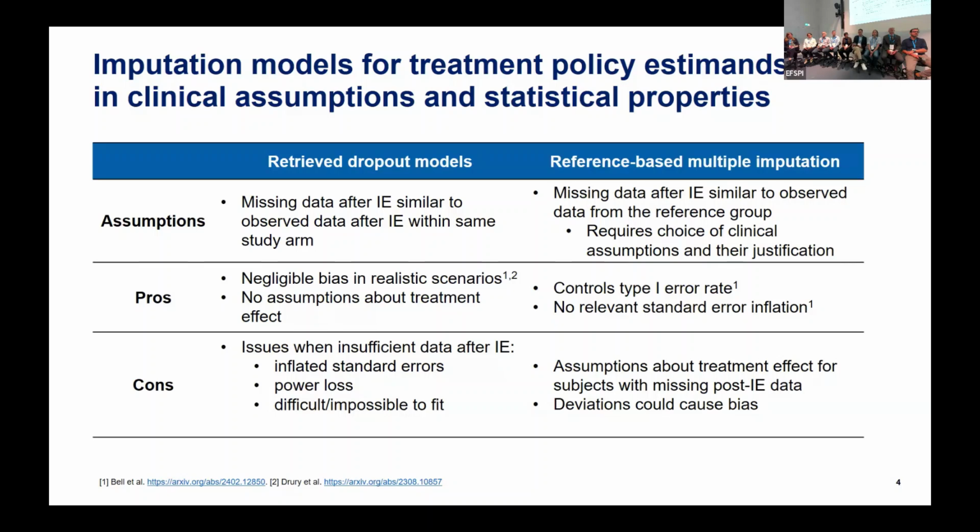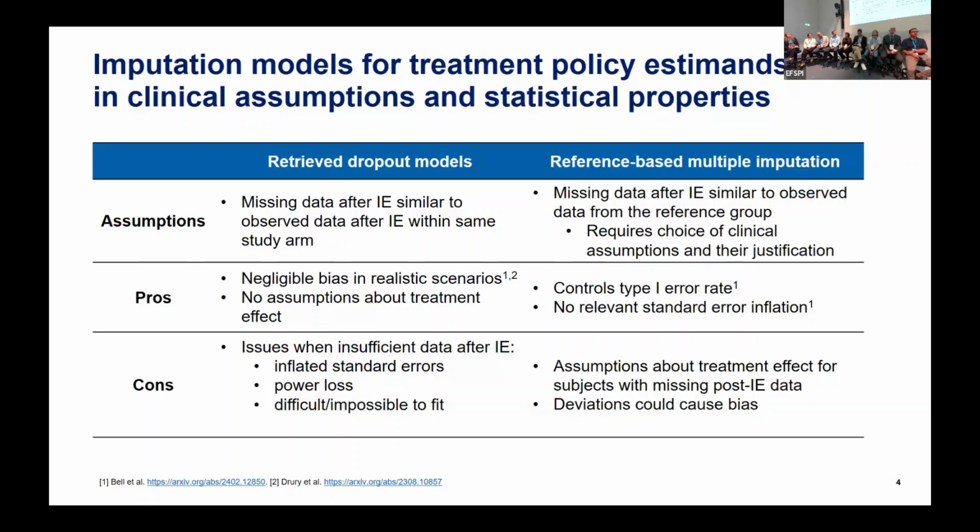And in terms of statistical properties, they also differ. For example, the retrieve dropout methods usually have a very small bias in realistic scenarios, and they make no assumptions about the treatment effect. However, to really fit these models and use them for the imputation, you have to collect a lot of post-intercurrent event data. And if this is not done, you can't fit those models, and you really inflate your standard errors.